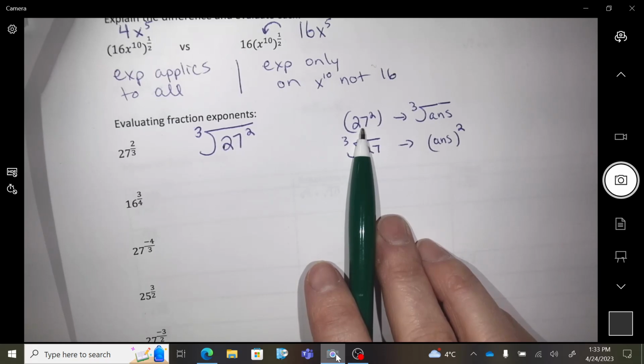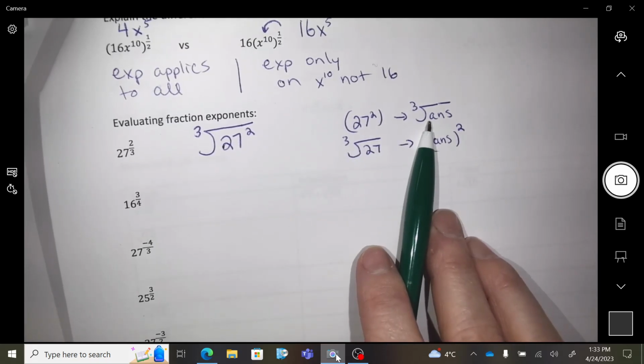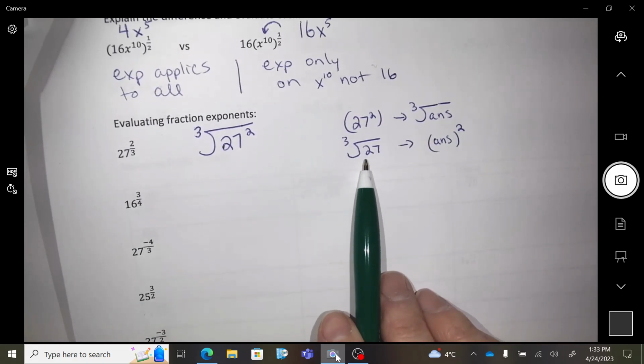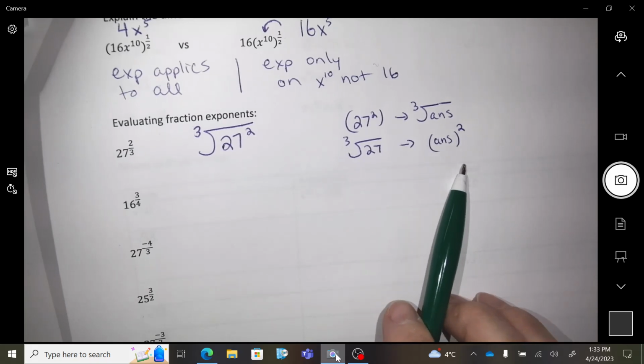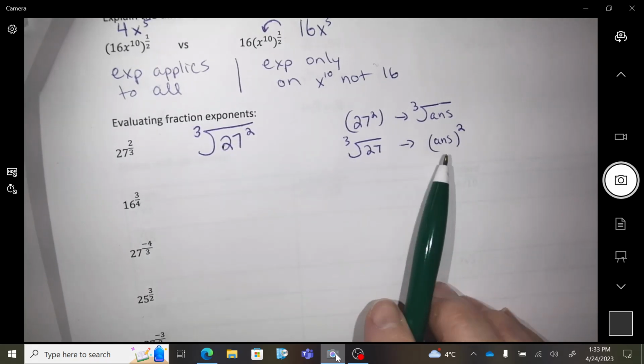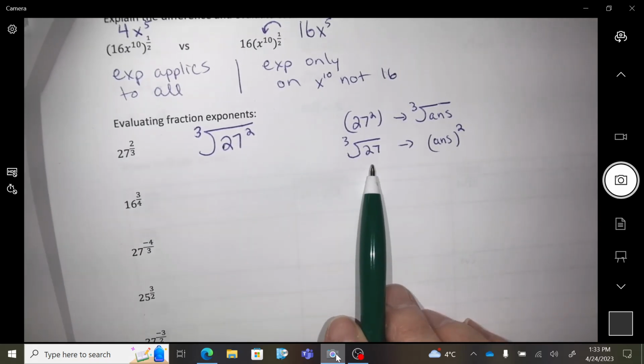Are you going to square 27 and then try to cube root it? Probably not. Could we cube root 27 in our head? Yeah, we could cube root 27, and then could we square that? We can. Okay, so the cube root of 27.